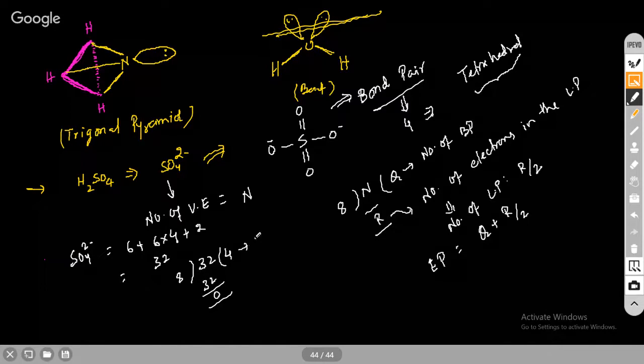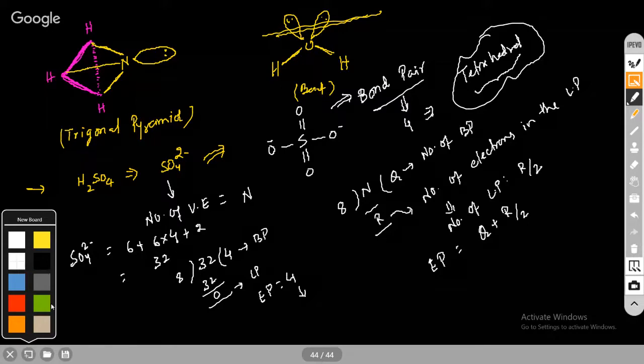So we have 4 bond pair and 0 lone pair. So the number of electron pair is 4, and when the number of electron pair is 4, geometry and shape are tetrahedral. Understood? So we find this by the divide-by-8 method.